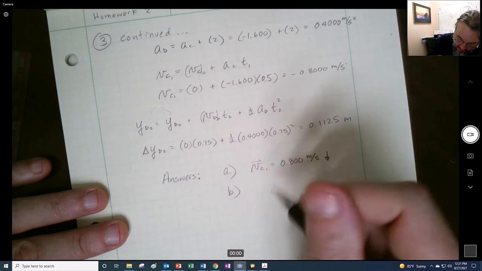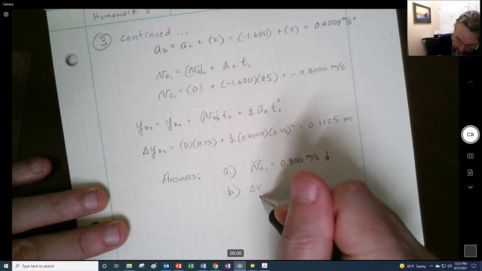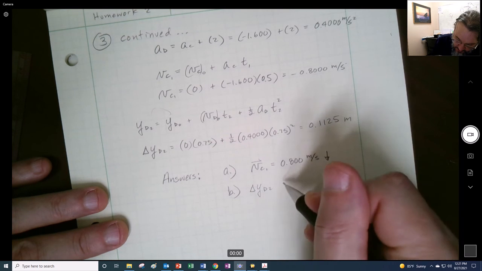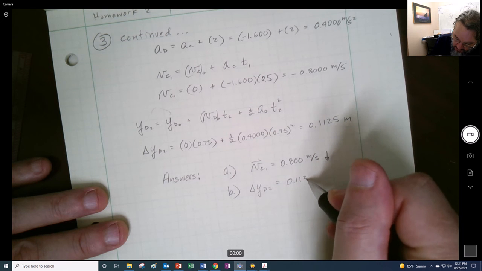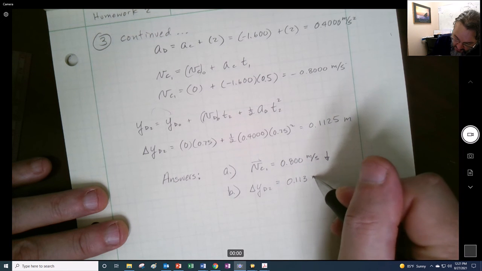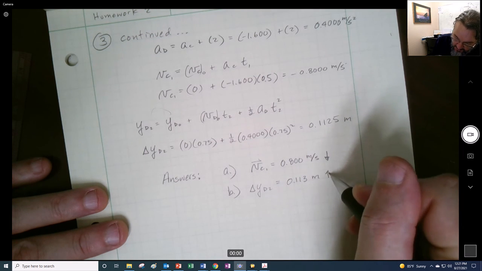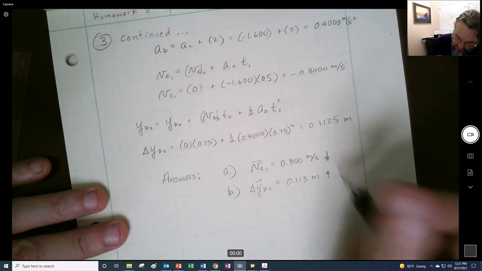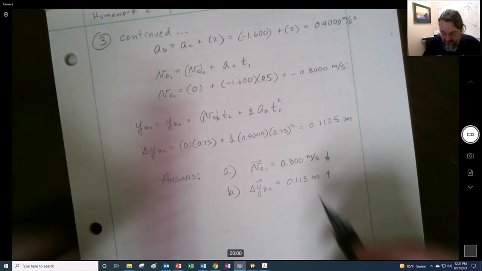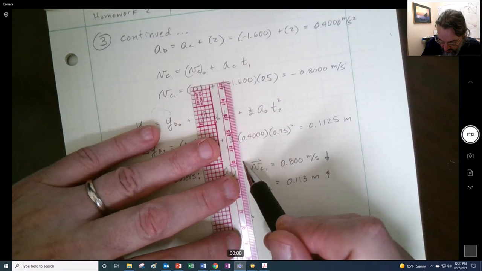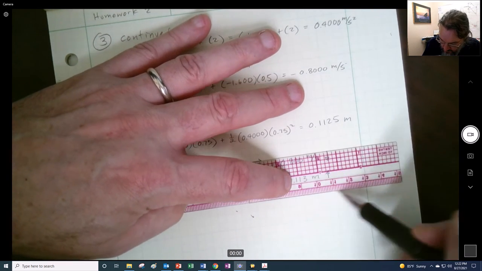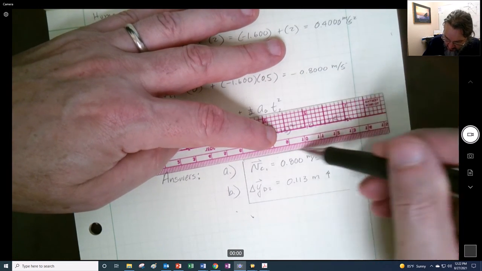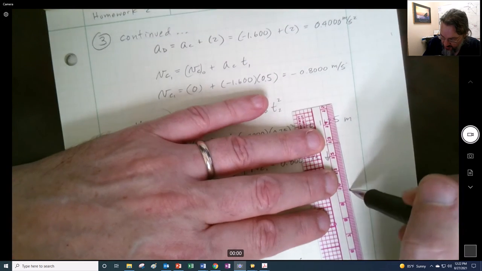And B, delta y d2 equal to 0.113 meters up. I guess I could make that a vector too. I don't know if I did that in the other problem where I had a delta y going on. Put a nice box around there so we can identify that's the answer.